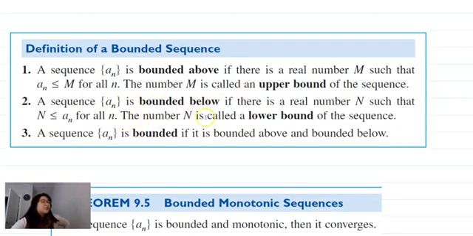Your sequence is bounded below if there's a number, a y value, that is less than or equal to your sequence's values, and the tightest lower bound on that is called the lower bound. And your sequence is bounded if it's bounded above and below.